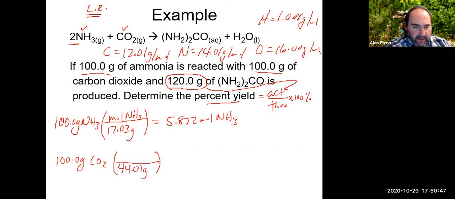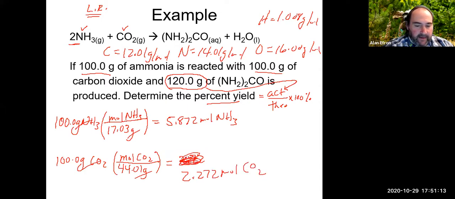Again, we put it on the bottom so the grams cancel. Grams cancel and grams cancel. And that gets us a starting amount for CO2 of 2.272 moles of CO2. First off, any questions up to that point?